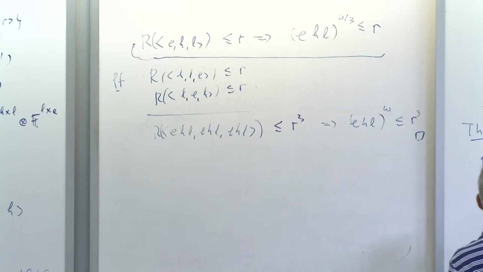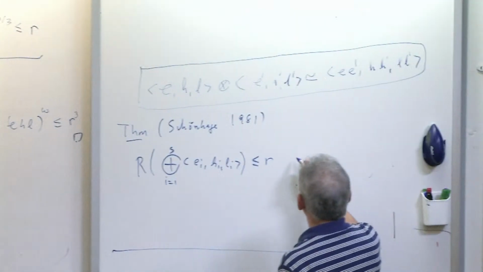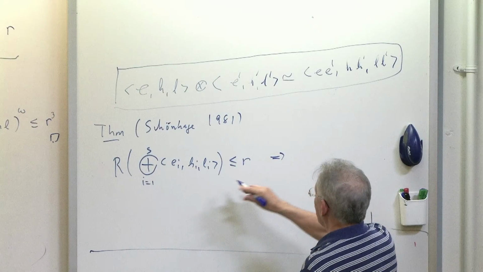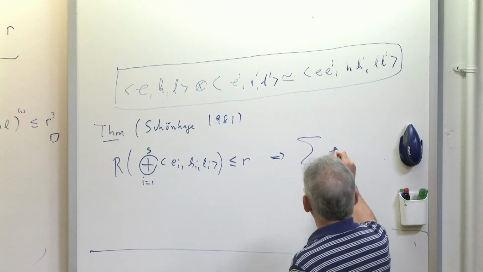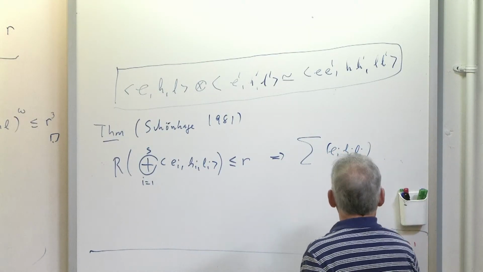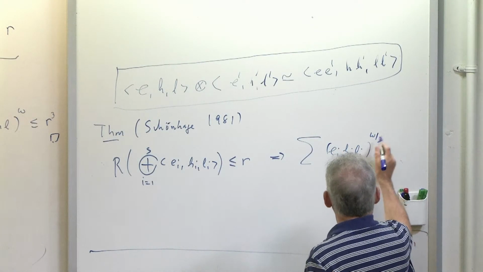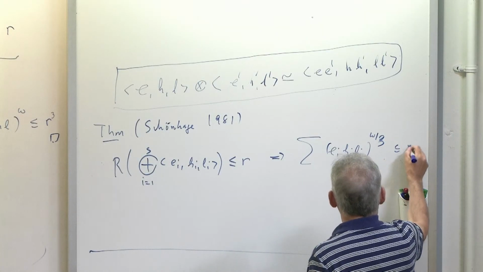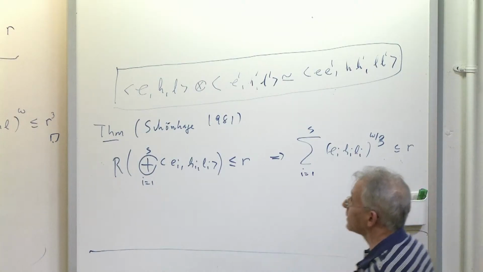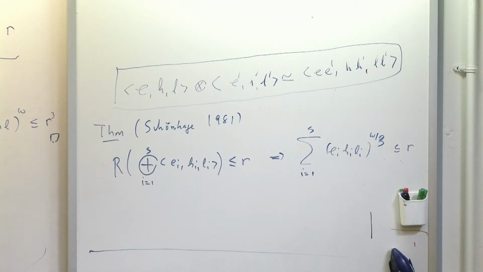Let's assume the rank is at most R. Later on we will see if I have border rank, I can make the same conclusion, but let me first do it for the rank. The statement is, if I have this, then the sum of e_i, h_i, l_i to the omega third is at most R. So it's a generalization of this.